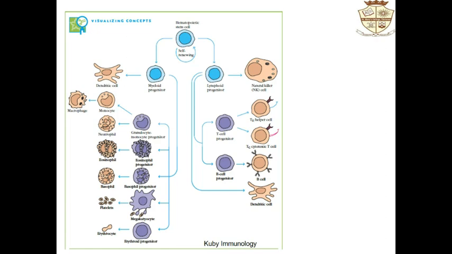There are also a few dendritic cells coming from the lymphoid progenitor cells. And we discussed neutrophils, monocytes, macrophages, eosinophils, basophils, etc., which originate from the myeloid progenitor cells. A few dendritic cells also originate from the myeloid progenitor cells. All these are the cells of the immune system.